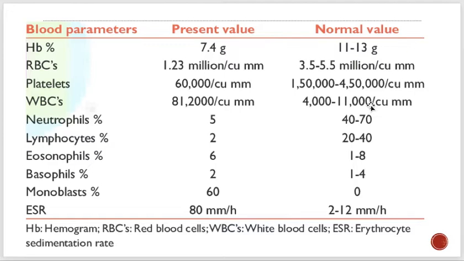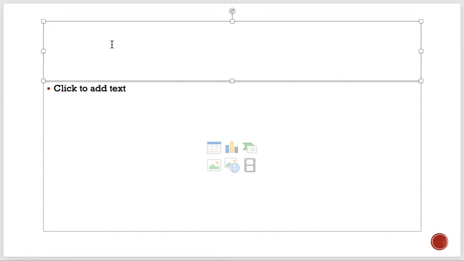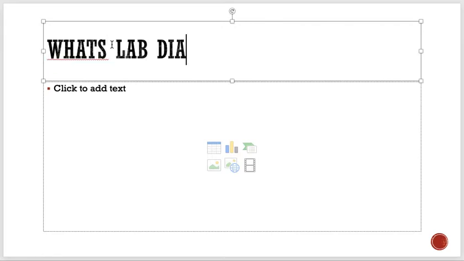So what's the point of doing diagnosis? It is simply to formulate a diagnosis. It's very important to give the medical students this orientation. So what does lab diagnosis do, or how does it help?